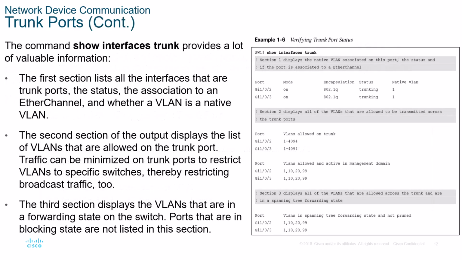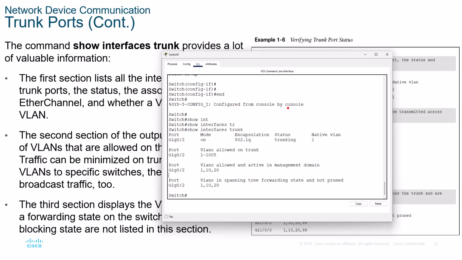Alright, so moving on, we have our show interface trunk command. You can see what VLANs are allowed on which ports. You'll notice port VLANs allowed on trunk, those are the VLANs that we allowed.